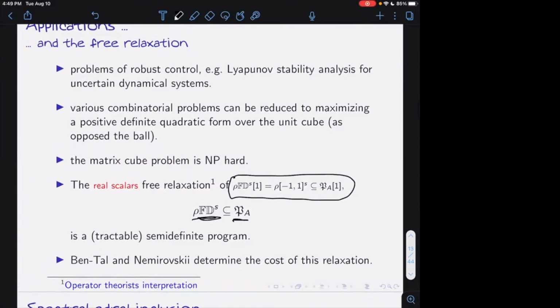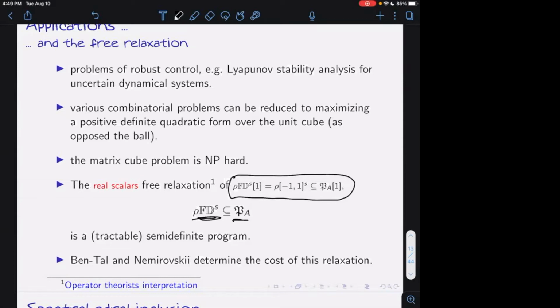And so Ben-Tal and Nemirovski, that's what they determined. They determined the cost of making that relaxation. So replacing this NP hard problem by this relaxation that's very tractable, there's of course some error involved in it, and that's what they computed. Of course, they didn't interpret it as inclusion of free spectrahedra.